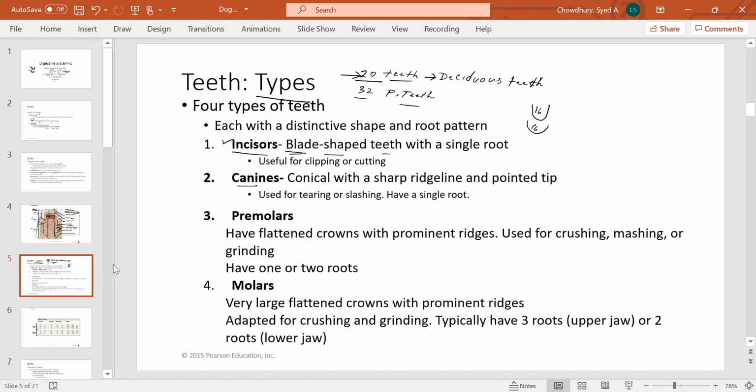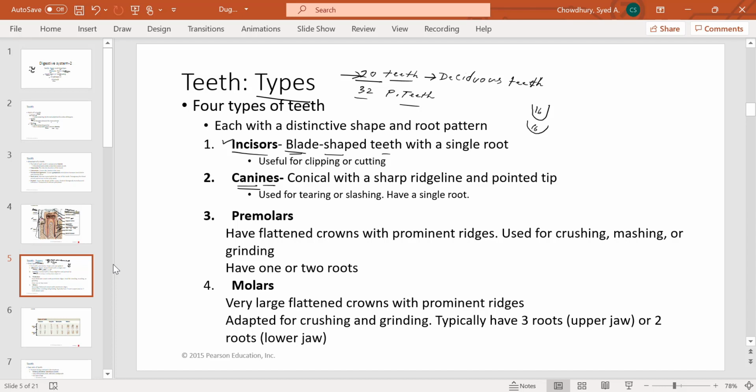Canines. Canines are pointed teeth, and canines help to tear the flesh or fibrous food.